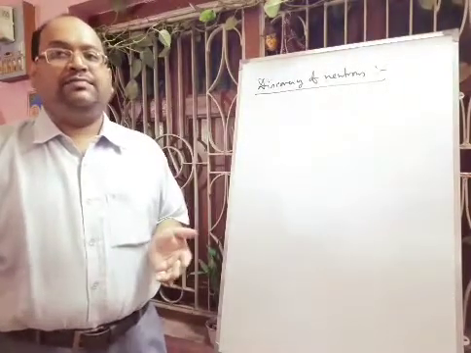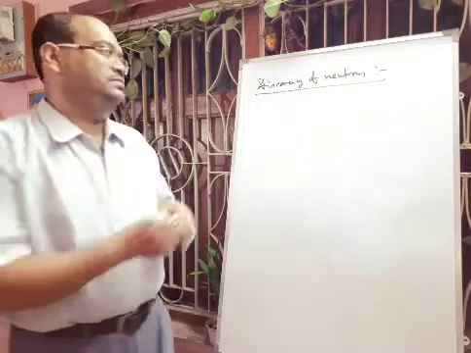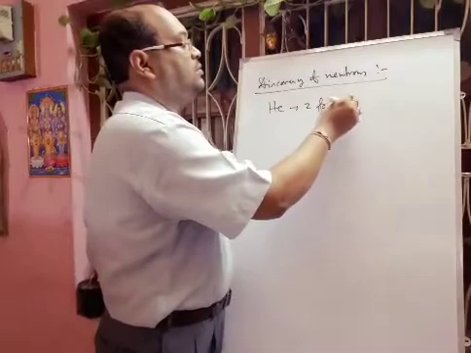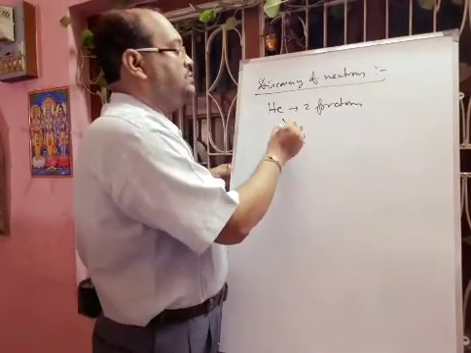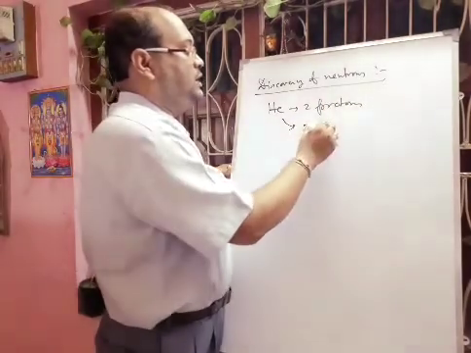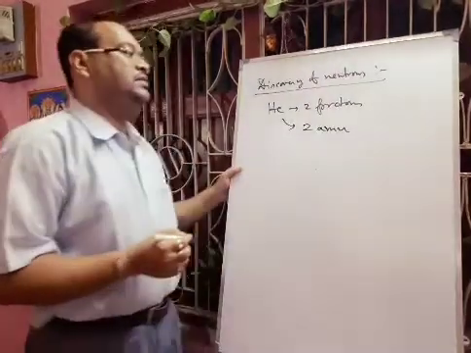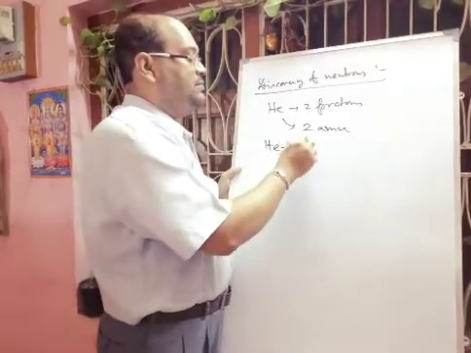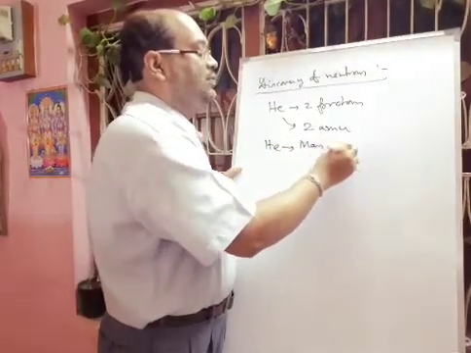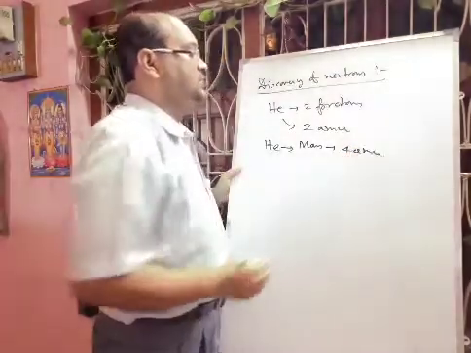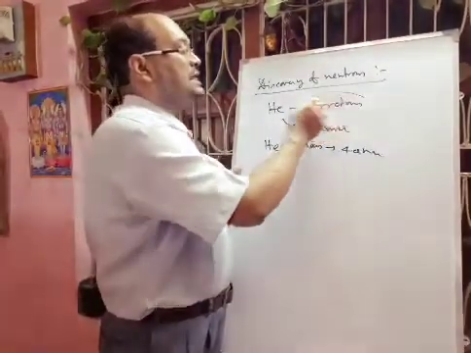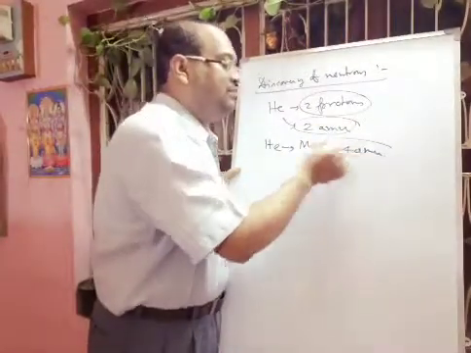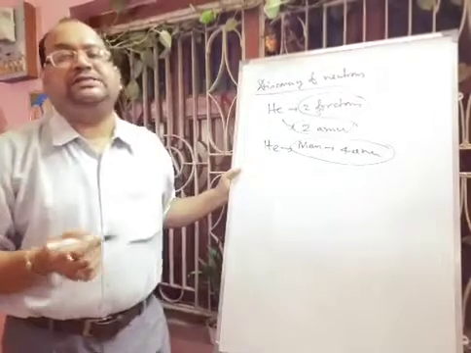We can take one example. Suppose helium. A helium atom contains 2 protons, so its mass should be 2 AMU, atomic mass unit. But actually the mass of helium is 4 AMU. So 2 protons are there and 2 electrons are there, electron mass is negligible, so it should be 2 amu, but it is coming 4 amu. So it is not matching with the experimental value.